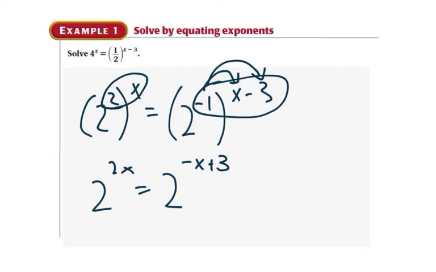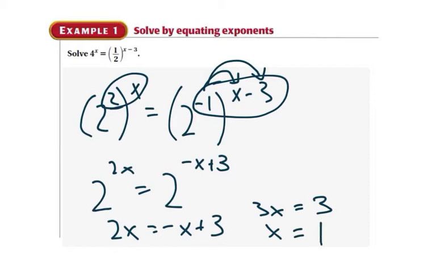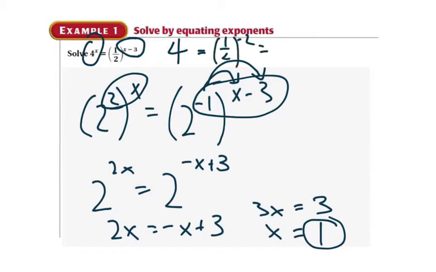And then using the property of equality for exponential equations, we can say that 2x therefore has to equal negative x plus 3, which means 3x is equal to 3, x is equal to 1. When you plug 1 in, you get 4 on the left, and on the right 1/2 to the negative 2, which is also 4. So it works.